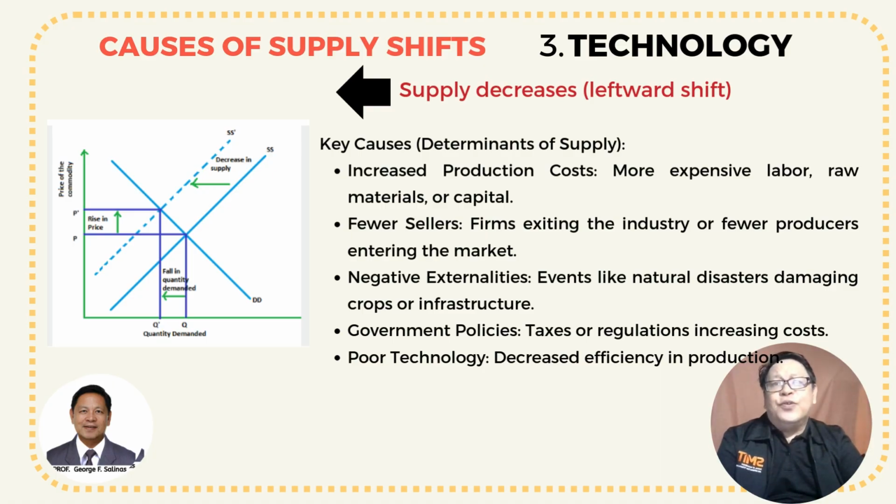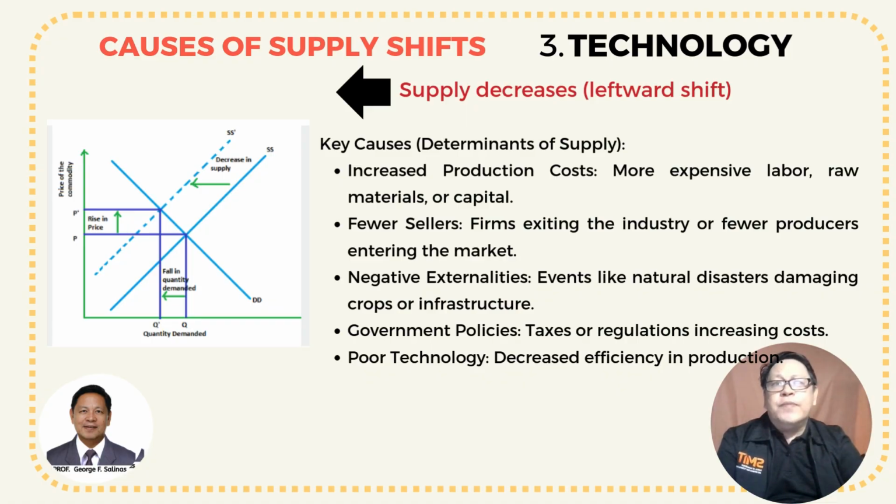And the third factor is brought about by negative externalities or what you call the supply shocks. These are the unforeseen disruptive events such as natural disasters, which we talked about, that damage agricultural yields or production, or damage the infrastructure like the roads.